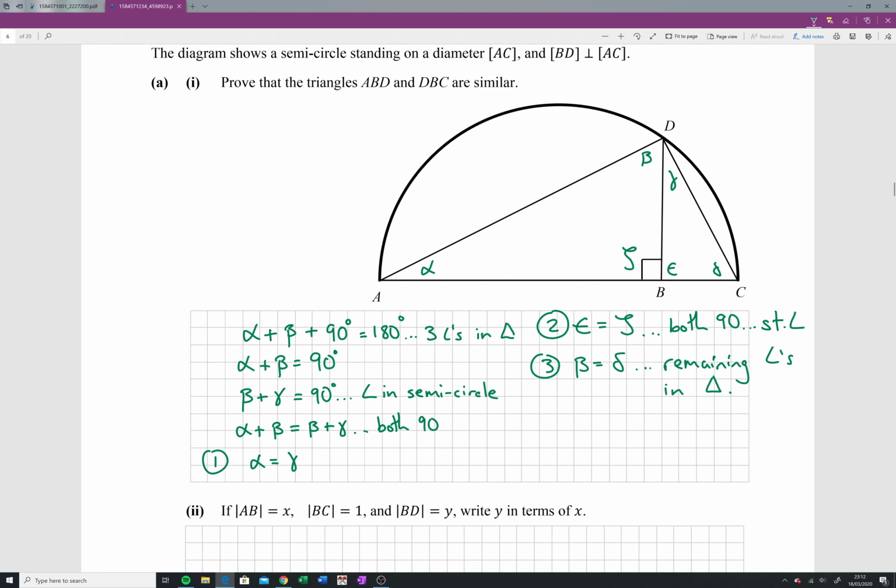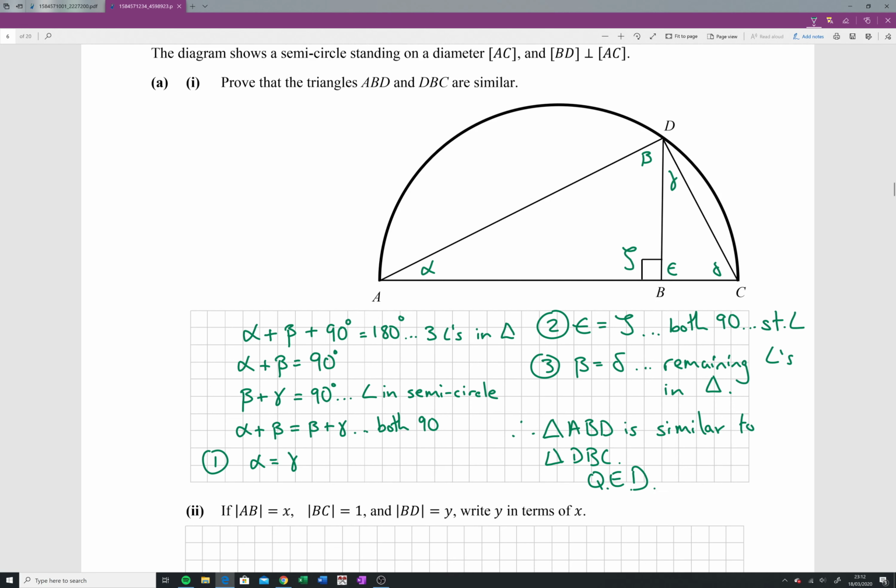So there you go, that would be that. We've got our three statements. We can say therefore triangle ABD is similar to triangle DBC. And don't forget little QED.